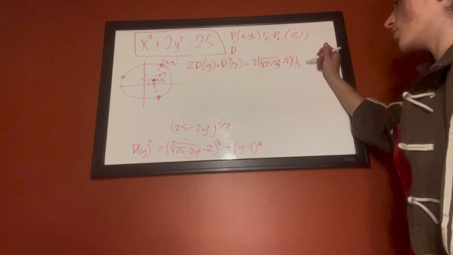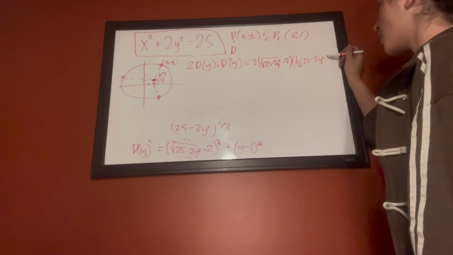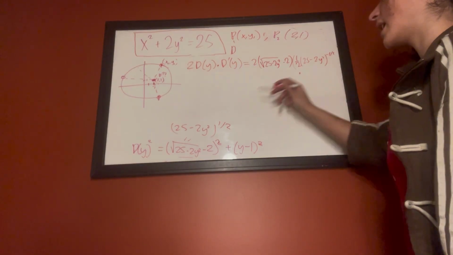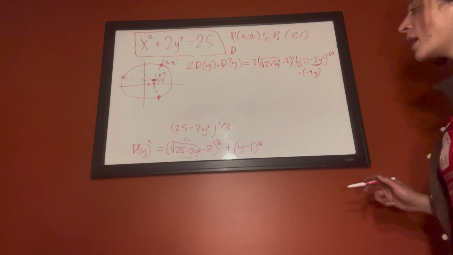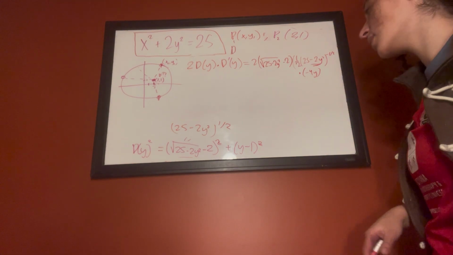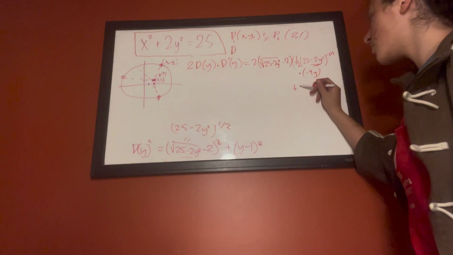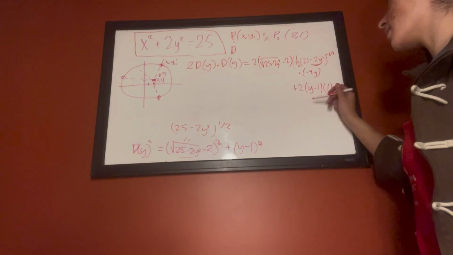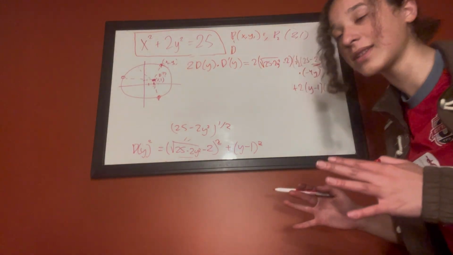So that will be times 1 on 2, 25 minus 2y squared to the negative 1 on 2, times minus 4y, right? The derivative of this term over here. And now I'm going to differentiate this, and that's just plus 2 times y minus 1 times 1, because the coefficient of y is just 1. Sorry for the background noise, y'all.